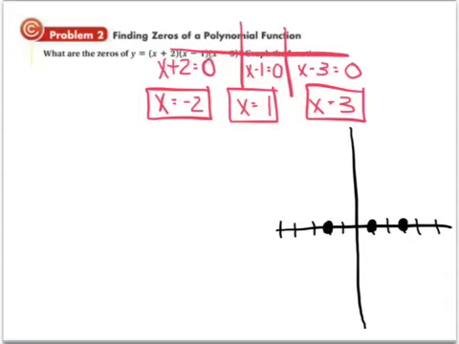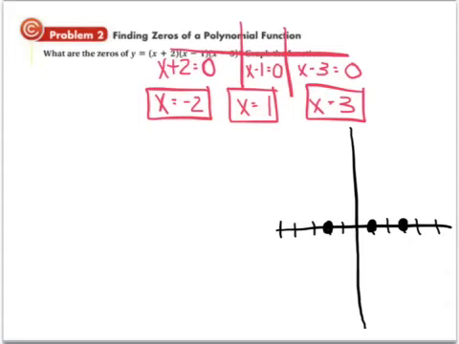Thinking about section 5.1, I want you to think about what kind of polynomial this factored form came from. Quadratic, cubic, quartic, quintic? What kind? Andy? Cubic. How did you know it came from a cubic? There were 3 x's. Exactly. And that's why we pointed that out in the problem we just did. We've got 3 zeros.